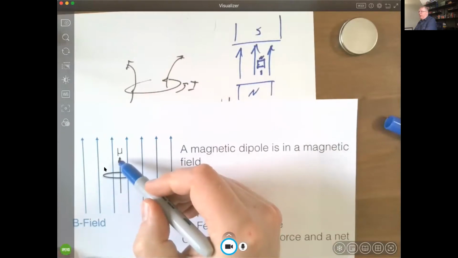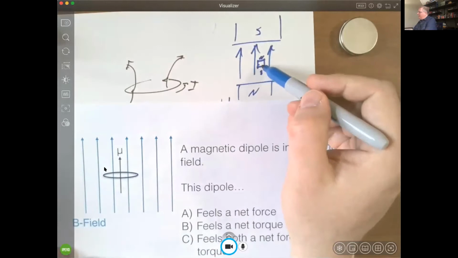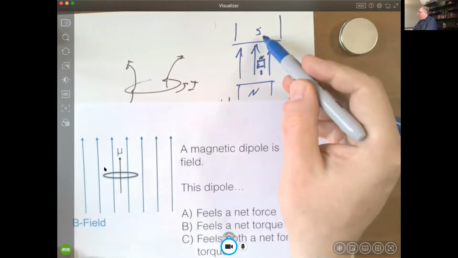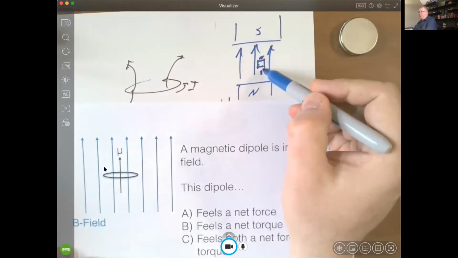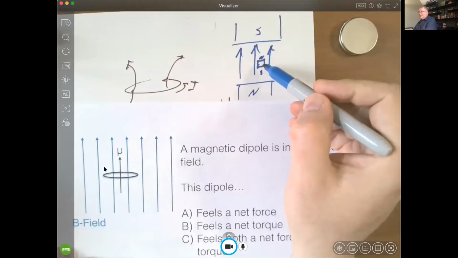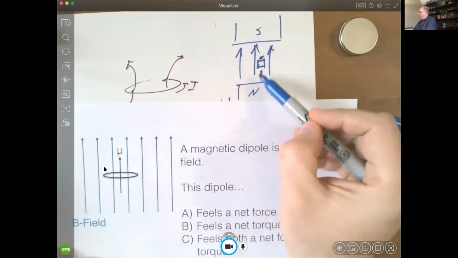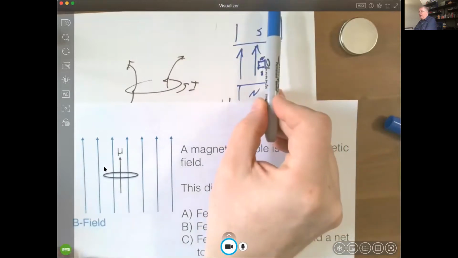That's the way we're declaring the arrow to point, towards the north side. So I've got a tiny little magnet here with a North Pole here and a South Pole here. And there's a North Pole here and a South Pole here. Right? What's this guy going to do? Is he going to spin, or is he happy where he is? He's happy, right? The North's attracting the South's attracting the North. He's going to stay right there.